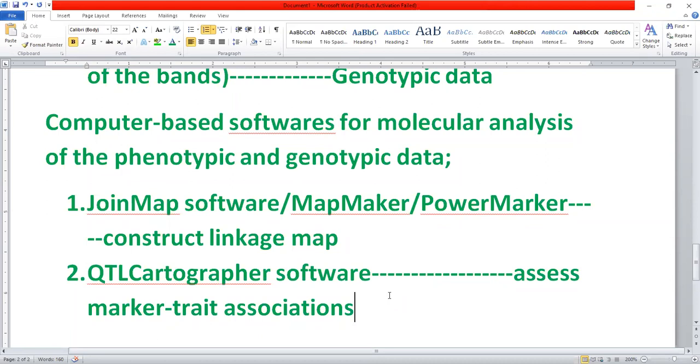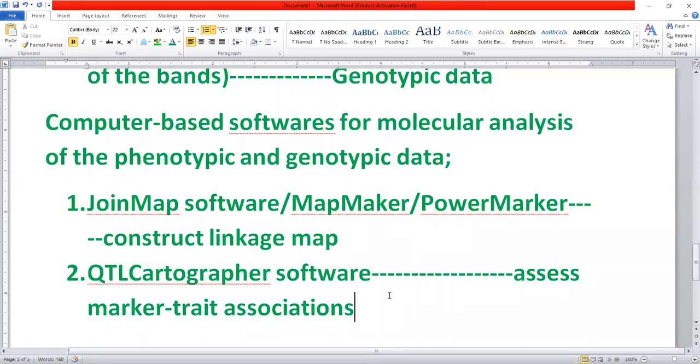In this QTL mapping procedure, we will use the phenotypic data of the trait whose genes we want to identify, and then for the molecular analysis we also need another data which is known as the genotypic data. To generate the genotypic data we use a suitable marker system, and in this example we have used the SSR marker system, simple sequence repeats.